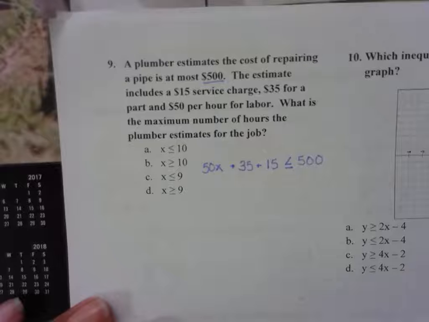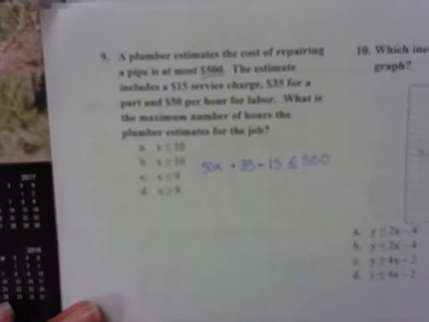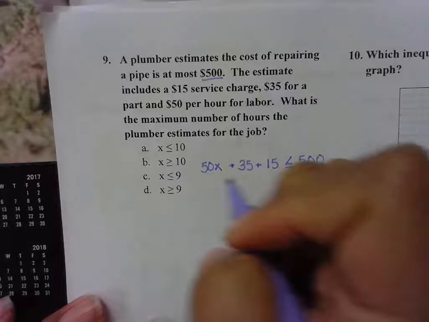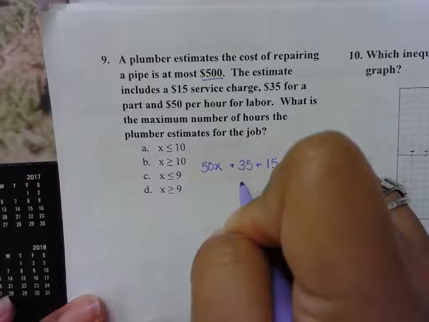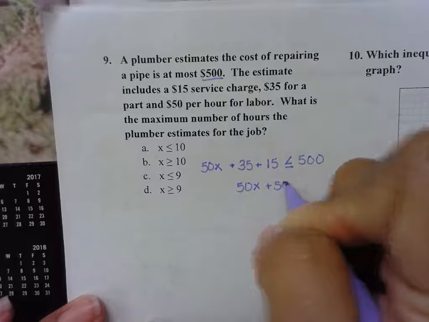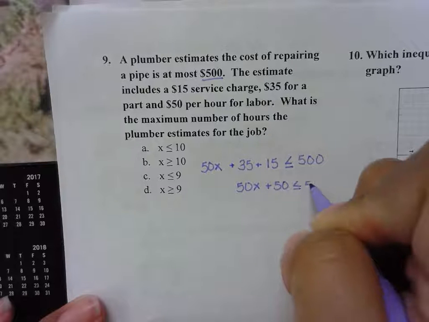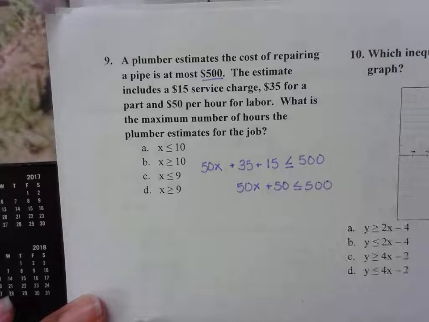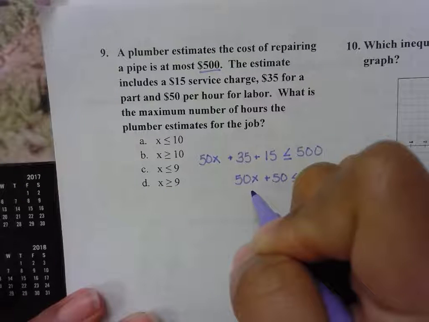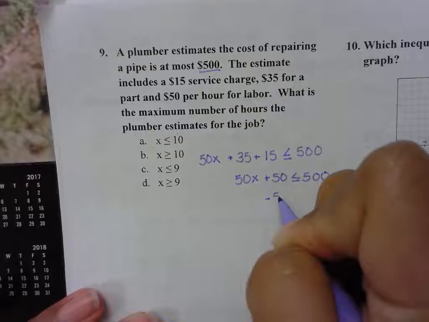So now we've used all parts of the problem. I can combine like terms, and now I have 50x plus 50 is less than or equal to 500. I want to isolate x, so I'm going to move my constants to the right.